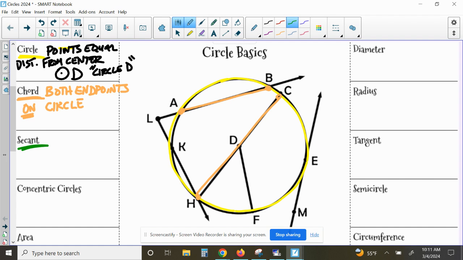So a secant is going to go through the circle twice, or intersect it twice.